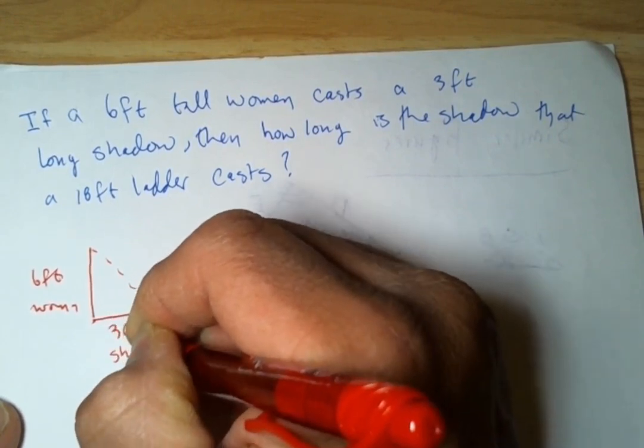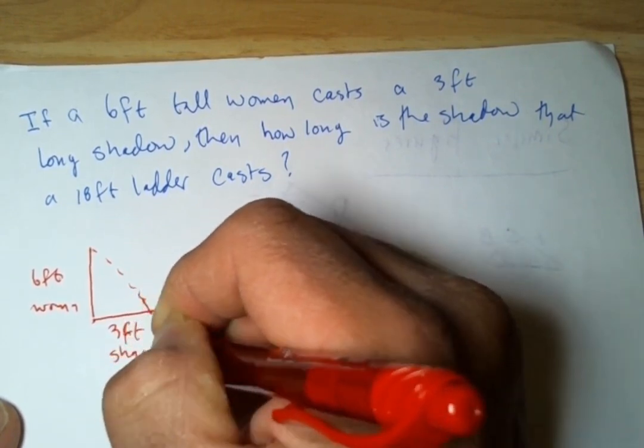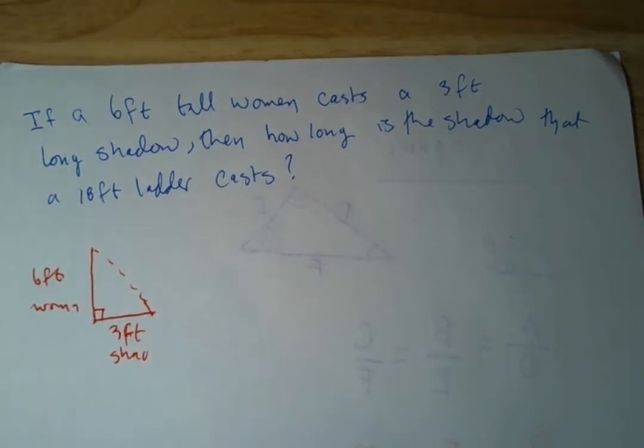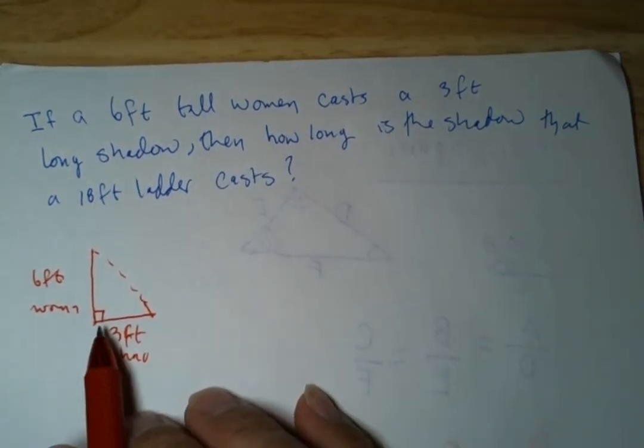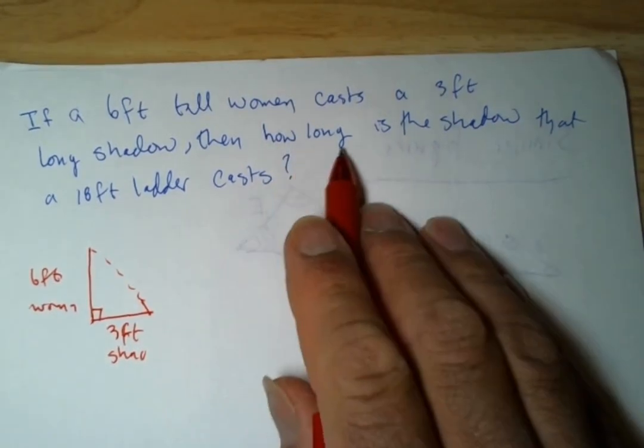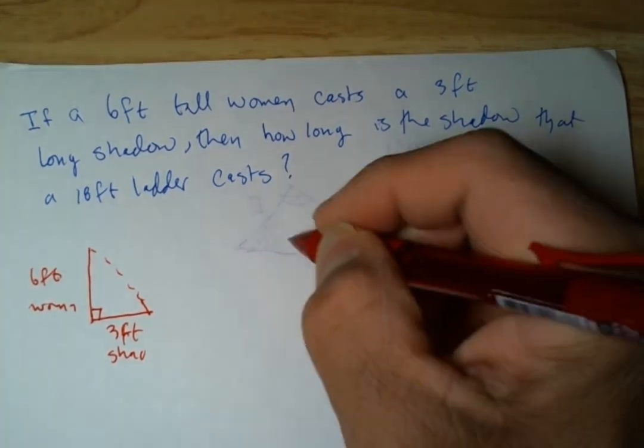We'll assume this woman is standing up straight, so it's what we call a right triangle, signified by this little square in the corner. Then, how long is the shadow that an 18-foot ladder casts?